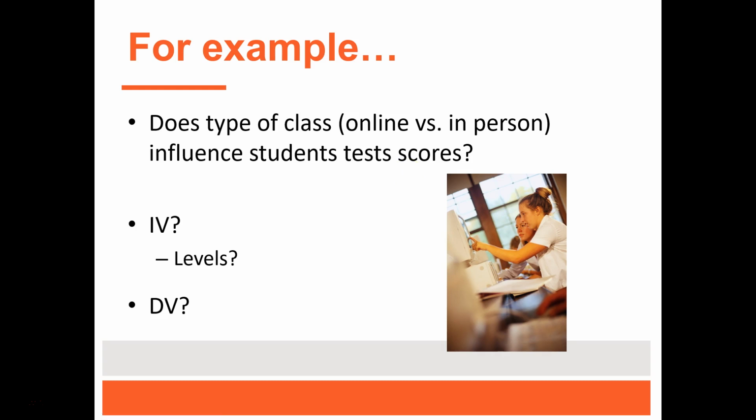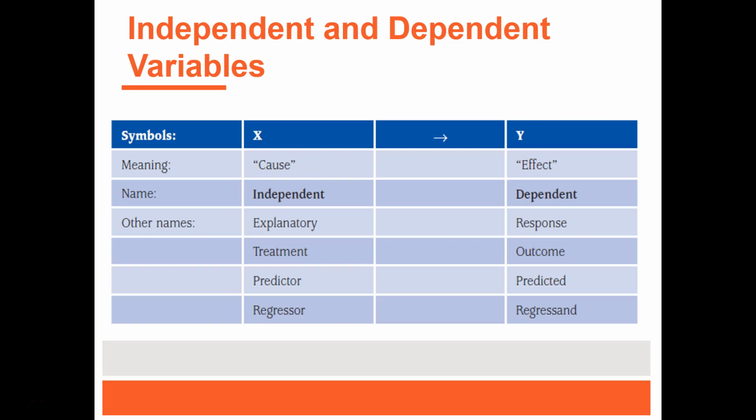Okay. This is a very important idea, the independent variable and the dependent variable, that we'll be coming back to throughout this class and in other classes as you go through other psychology classes. I have this chart here. You do not need to memorize this chart, but this just lets you know, as researchers and scientists, I think they like to use big words to try to maybe make people feel smarter or something.